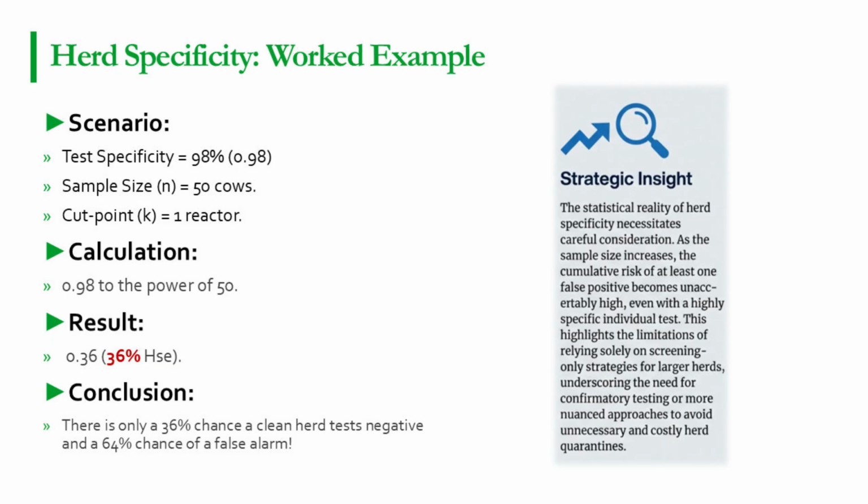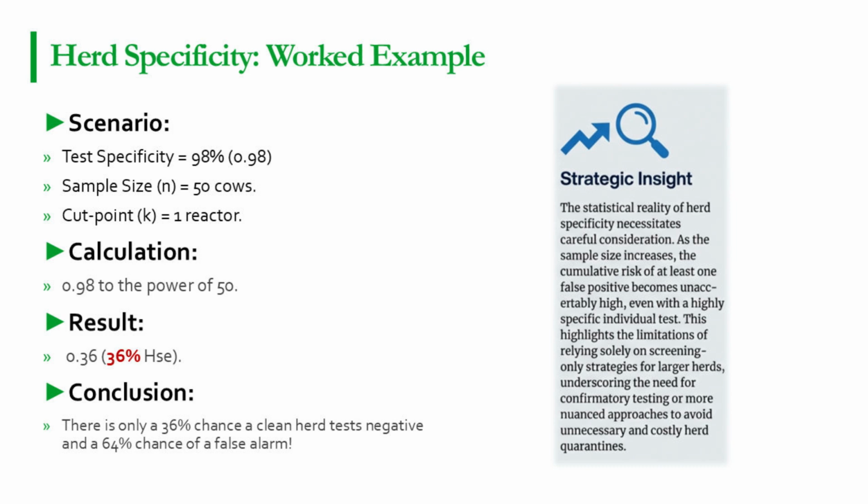To make it clear, let's plug in the numbers. We test 50 cows with a 98% specific test. 0.98 multiplied by itself 50 times equals 0.36. This means there is only a 36% chance that this completely healthy herd will test negative.